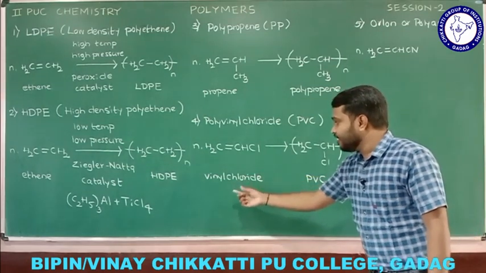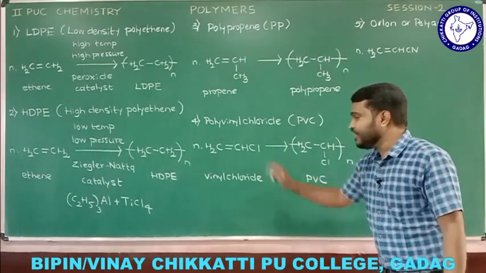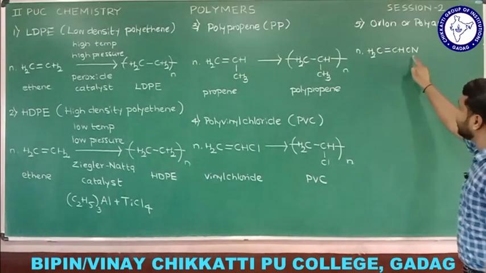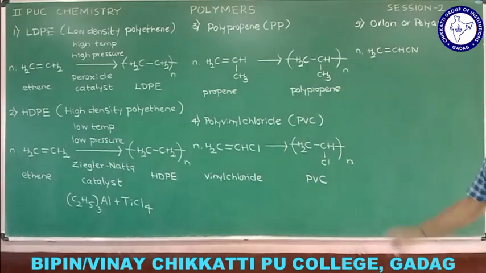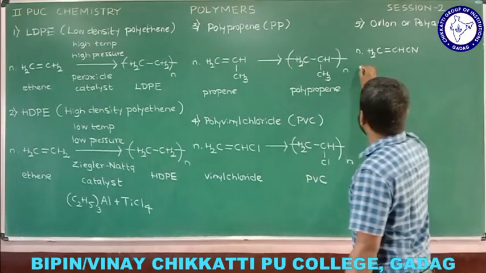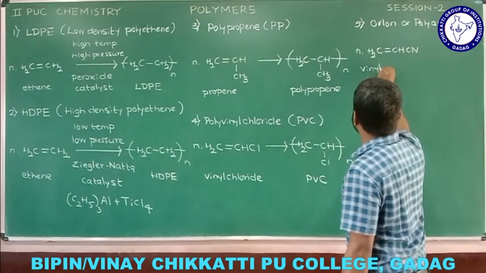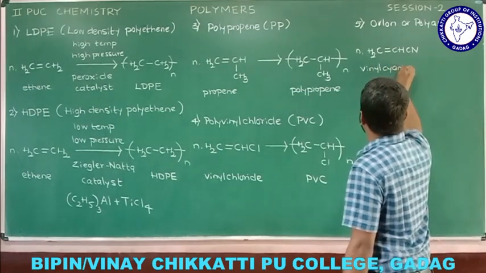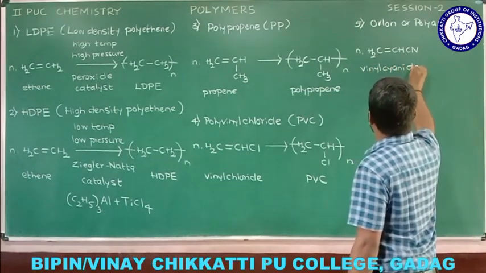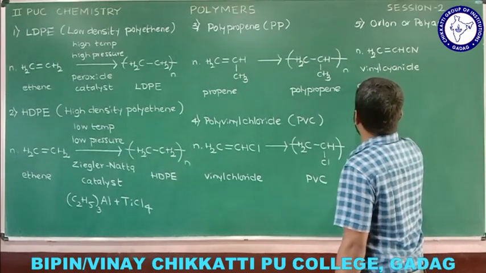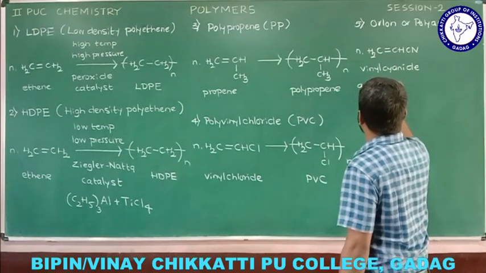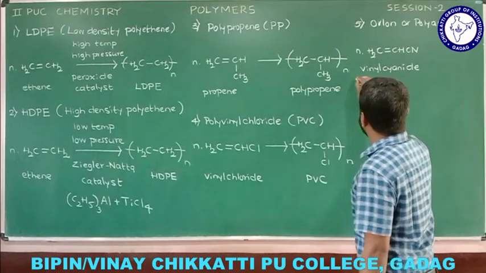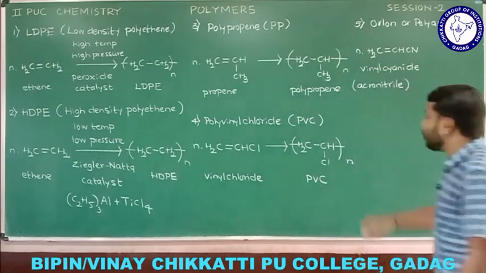This we call vinyl chloride, since we have Cl. Here we have CN, and we know that one, that is cyanide. So the name of this will be vinyl cyanide. Vinyl cyanide we call it, and one more name is acrylonitrile. So try to know that one.